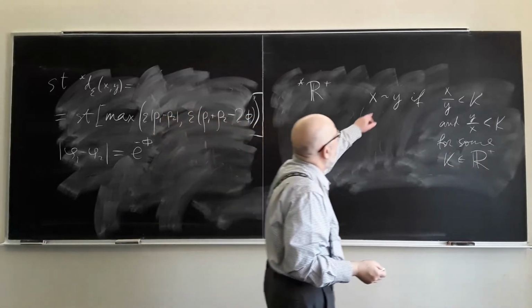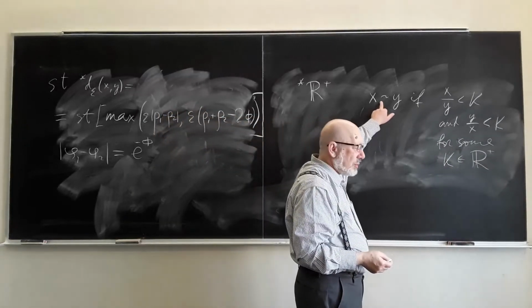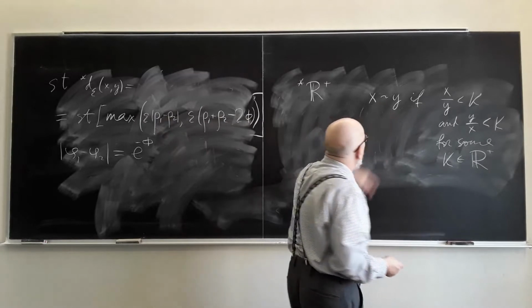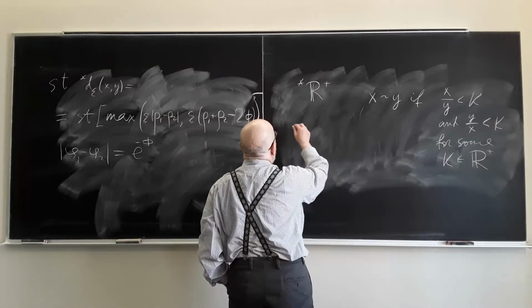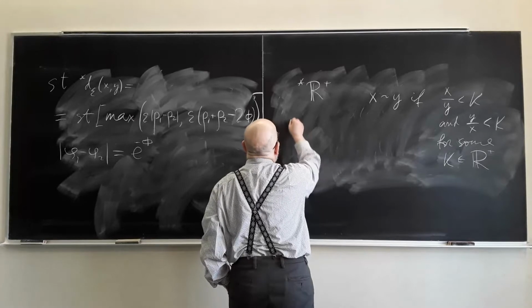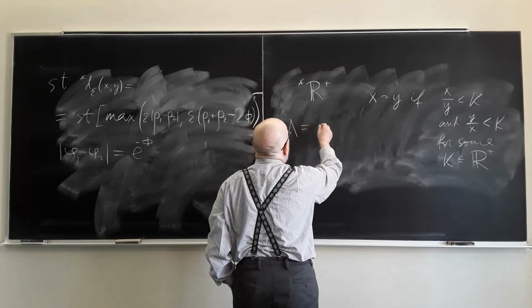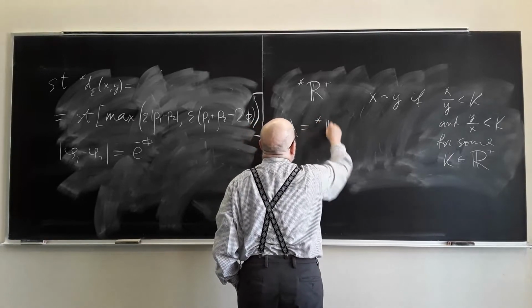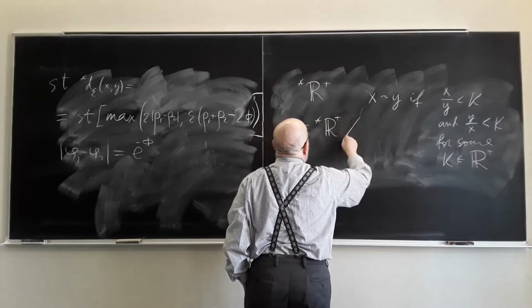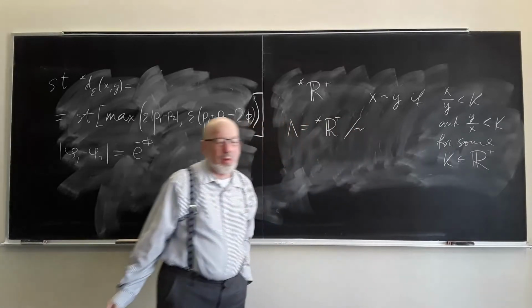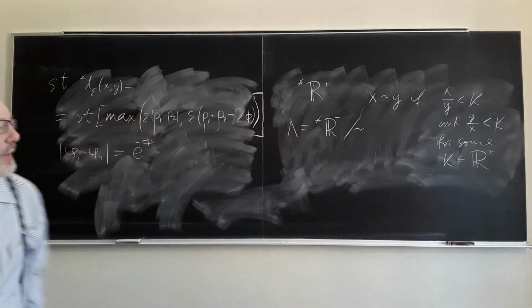This is an equivalence relation, and we denote by lambda the set star R plus factored over this equivalence relation.